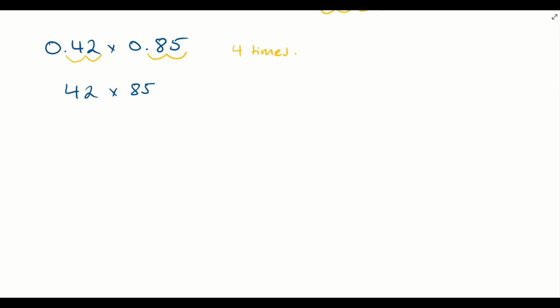Okay, well, 42 times 85. We've been practicing those, so I'm going to write it over here. 42 times by 85. Well, we're going to take care of the 5 first. So 5 times 2 gives us 10. And 5 times 4 gives us 20, plus the 1 for 21. And then we've dealt with the 5, so we can rub everything out. And we're going to deal with the 8.